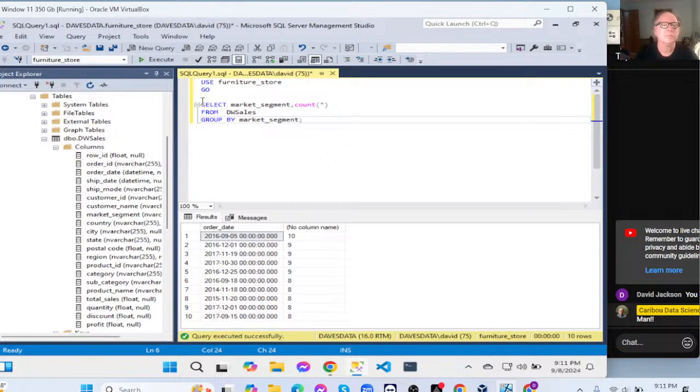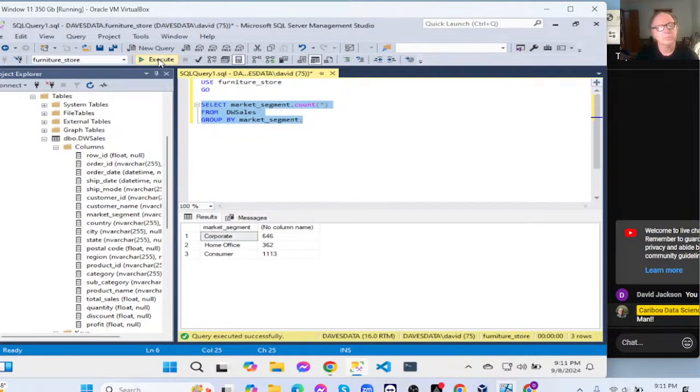Let's take a look at market segment, then count by market segment.